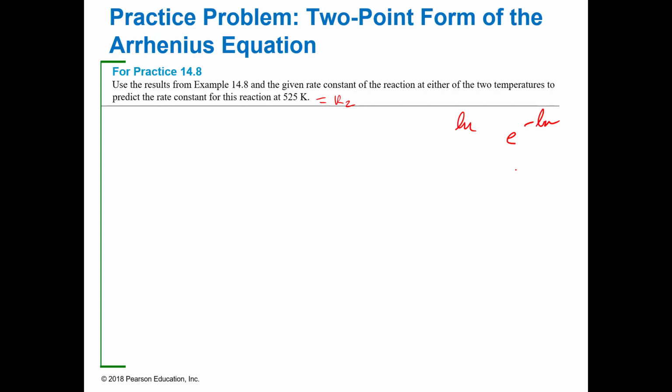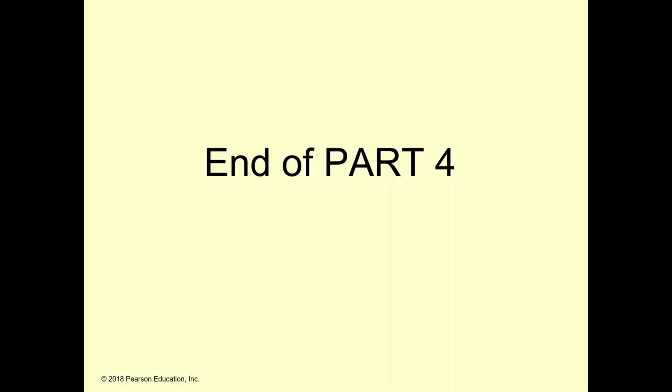E to the whatever, and that makes it regular. So you have to raise the other side to the e power, and that's how you get rid of it. So again, if you don't really remember how to do this stuff, then look back and see. But this is one that you're supposed to practice on, so that's why I'm not working it for you. And I have every confidence in you that you can do it.